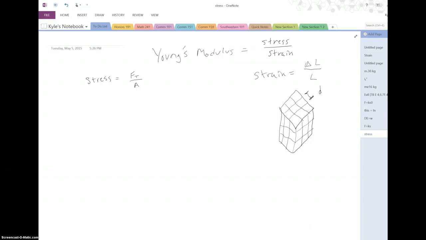Alright, so first we're going to get our formula for strain, and what we're going to look at here is this little cube right here, the atomic level of a pure metal. We're looking at that because we're going to see that each block is representative of an atom in this pure metal, and each block is going to have a length of d.